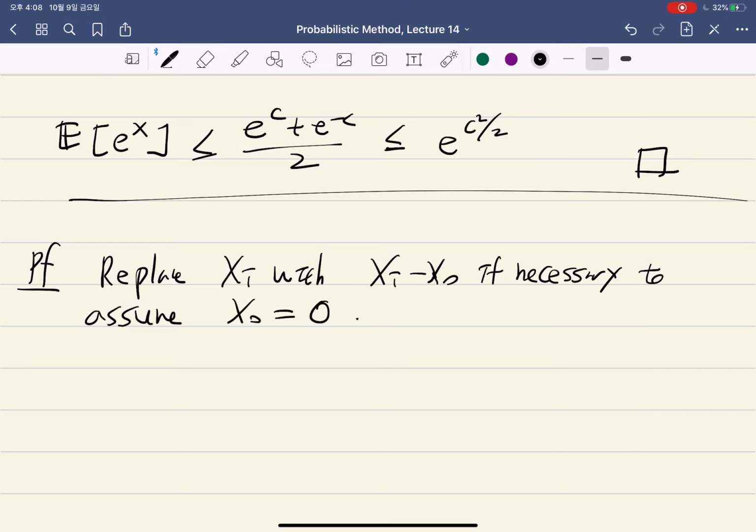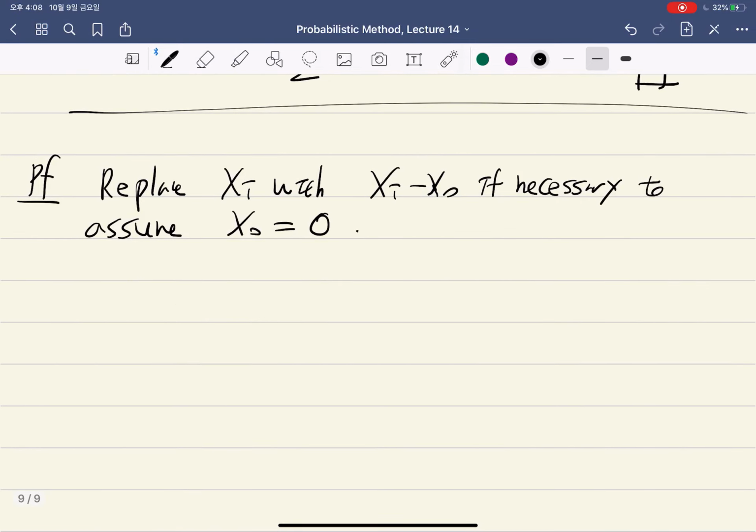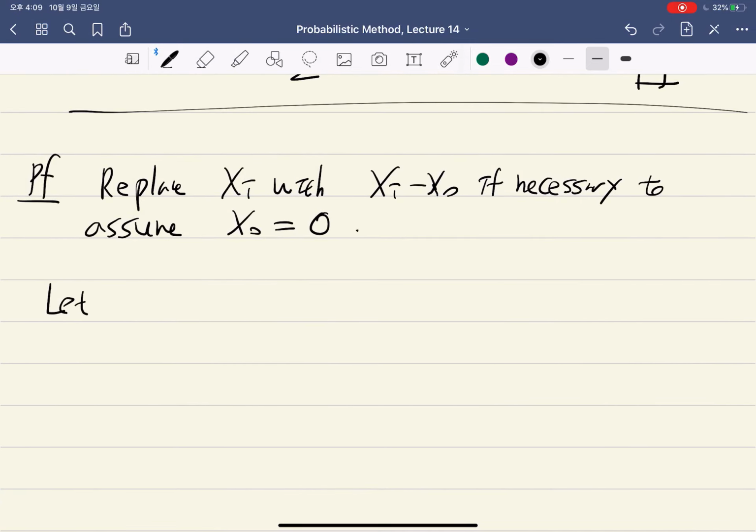So by shifting everything, we can assume that the initial value x0 is 0. And let yi be the difference between xi and xi minus 1. Then the condition implies that yi has size at most ci.